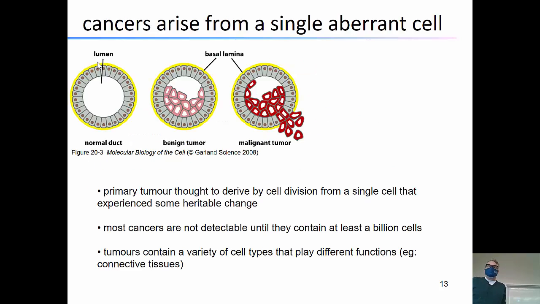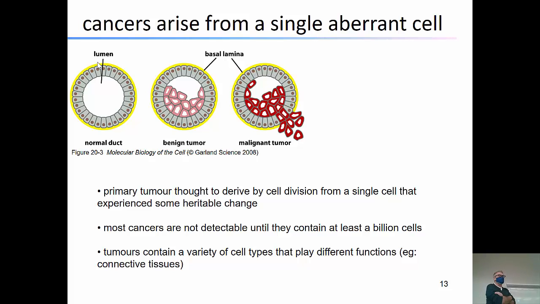So, amazingly, a cancer likely arises from a single aberrant cell. So one cell accumulates enough mutations that it now switches to become a cancerous cell. One of the issues is that the cancers aren't detectable until they get to a certain size.